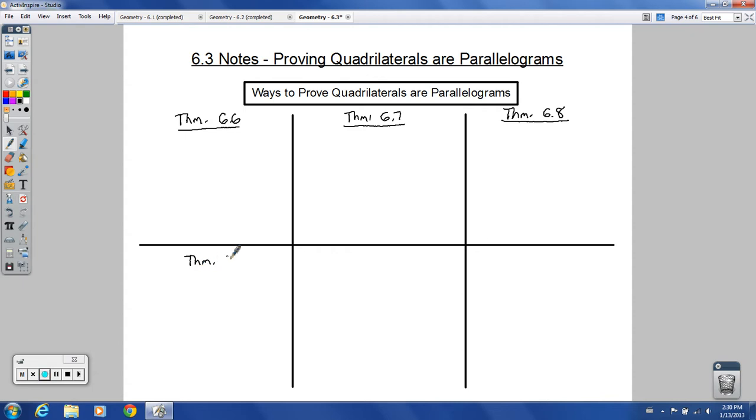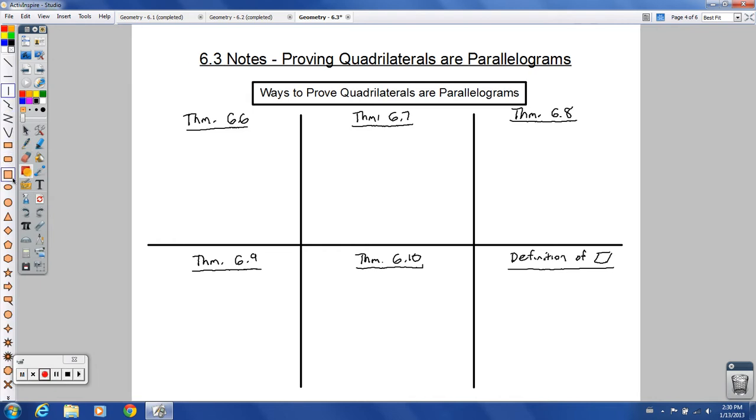We're going to use these 6 theorems, actually 5 theorems and 1 definition. This last one is actually just the definition of a parallelogram. We can use any of these 6 things to help prove that these are actually parallelograms.